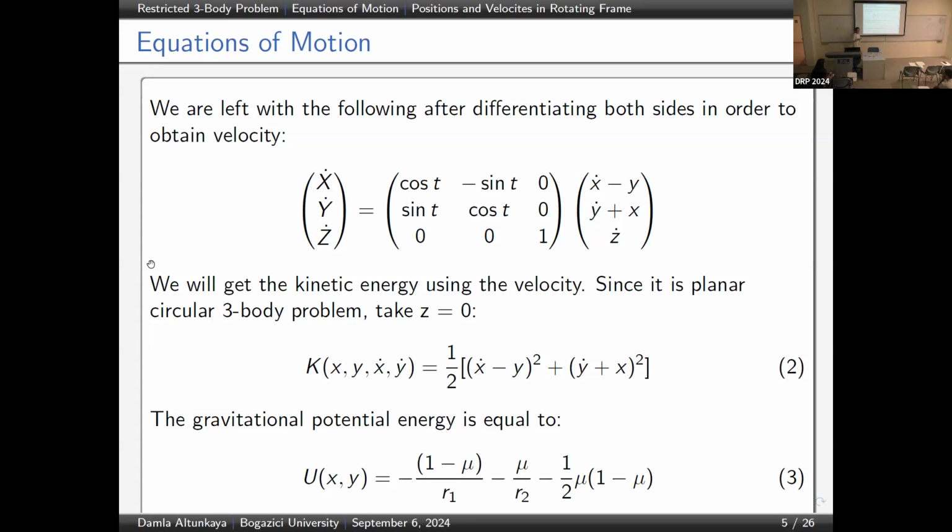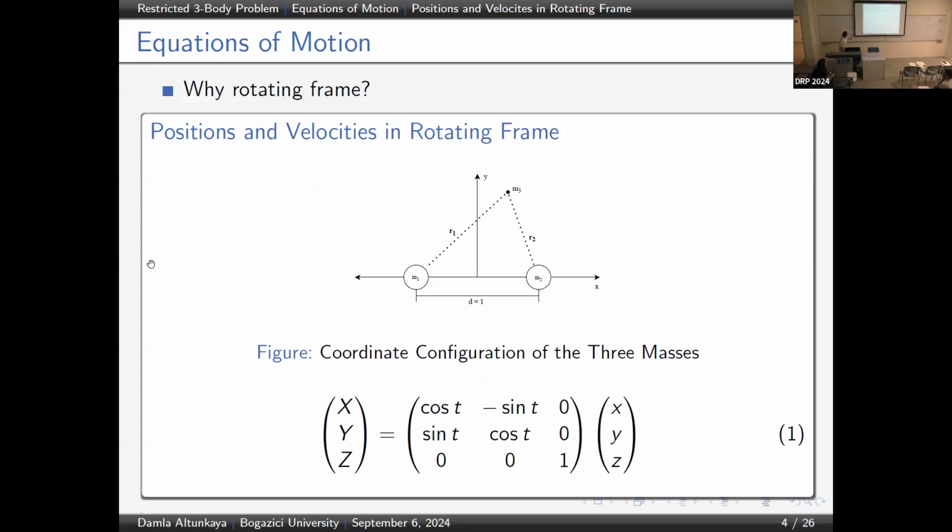If you want to study the Jupiter and Sun system, you can give a value to mu. And if you want to change the system to the Earth-Moon system, you can change the mu value, and then you can evaluate the system and its trajectories and so on. And here R1 and R2 are the distances to the two masses.